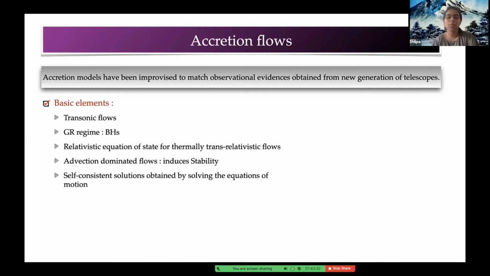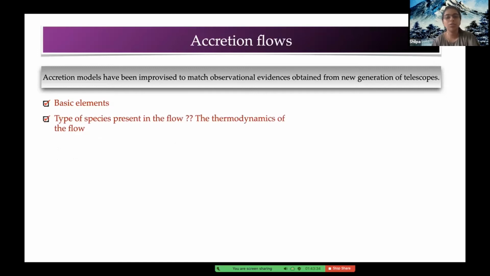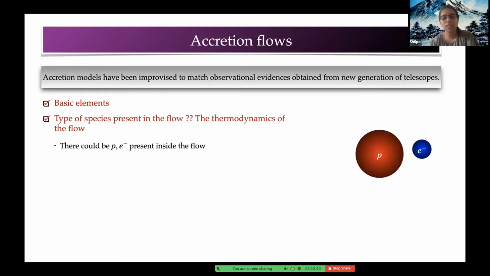Now comes the question about the types of species present in the flow, because it will determine the thermodynamics of the system. Hydrogen being the most abundant element in the universe, an ionized plasma consists of protons and electrons. And there could be many conditions which will determine the temperature of these species.